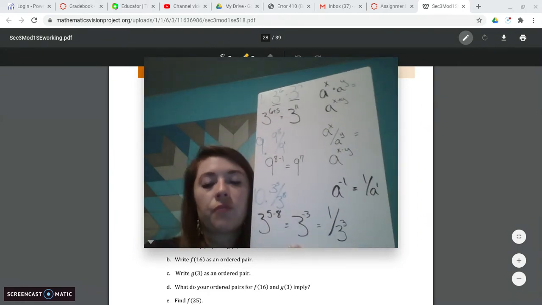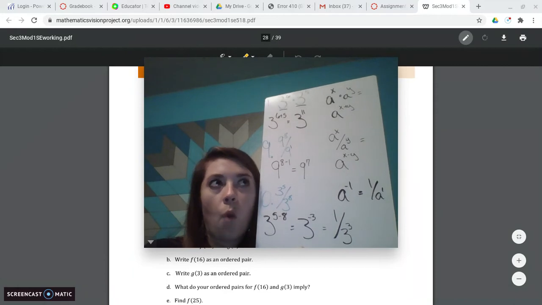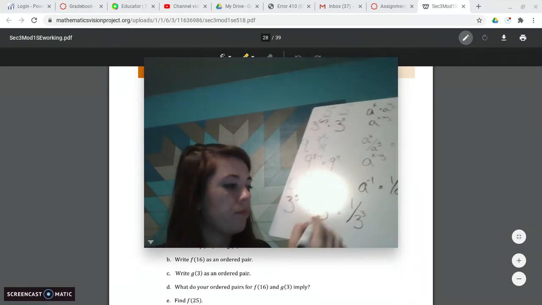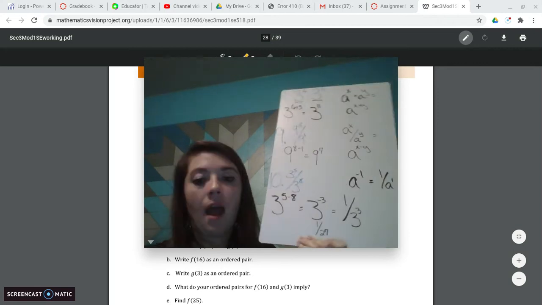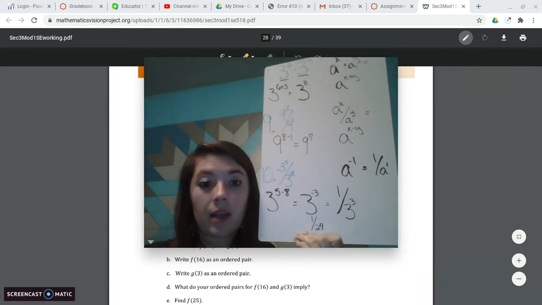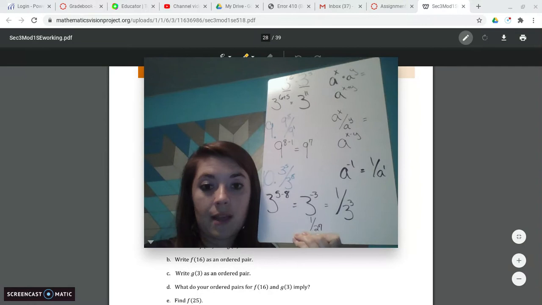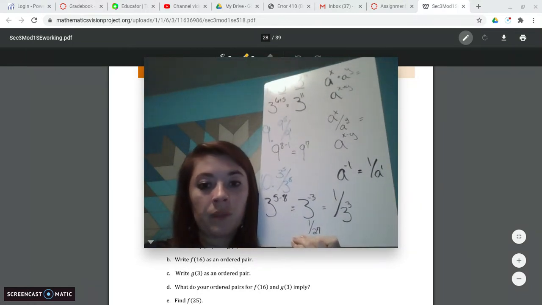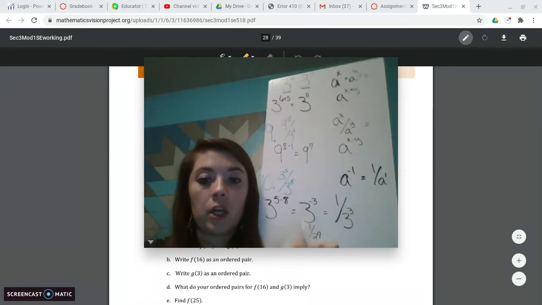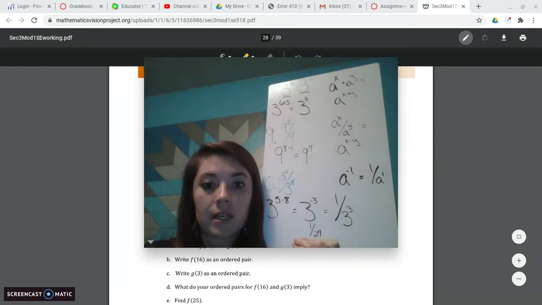Because 3 to the negative third is 1/27th. So it's 1 over 27. And that's how we get that, because 3 to the third power would just be 27. So 3 to the negative third power is 1 over 27. So that can kind of help you figure out how this works here.